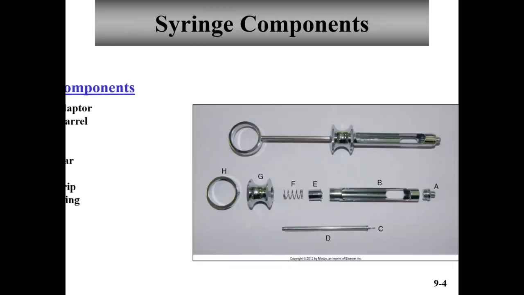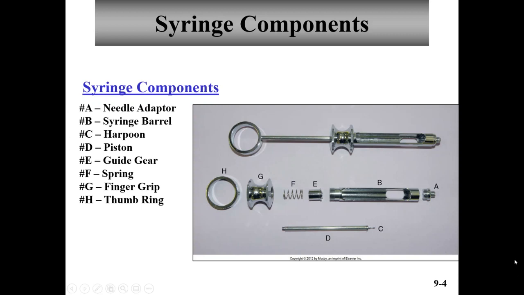So these are the components of the syringe, and I'm going to go through each one individually. Important part is the needle adapter, and it's the butt end of the syringe. It actually can unscrew. It can come off.